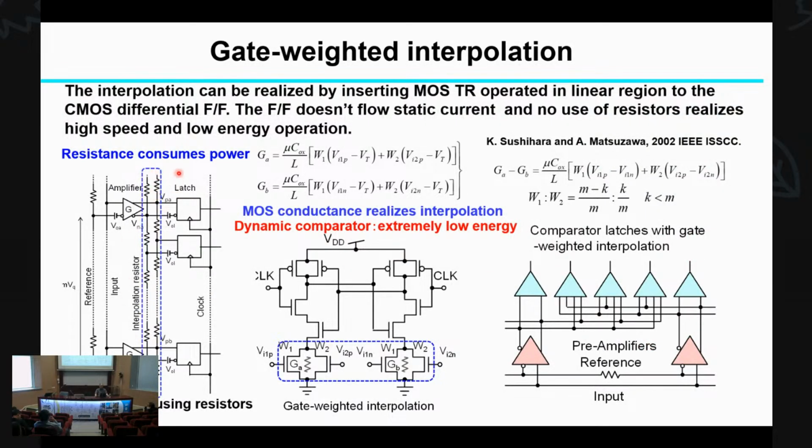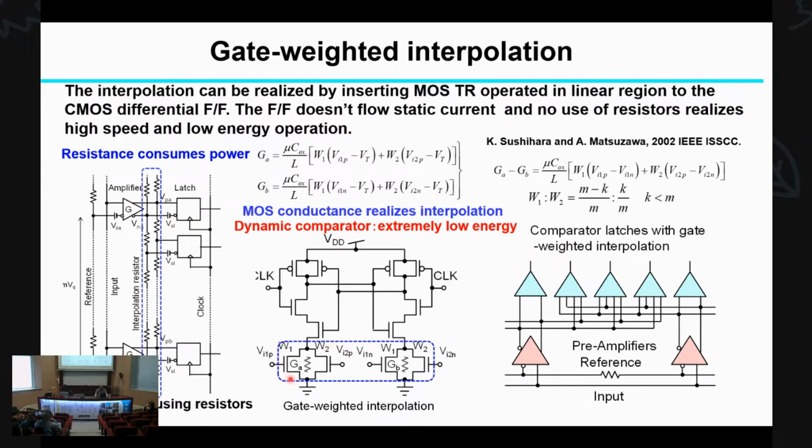Again, the issue is the use of the resistor. The resistor itself consumes power, so how to avoid this resistor is essential work for the ADC design. So we introduce this pair of transistors that work in triode, which is programmed.